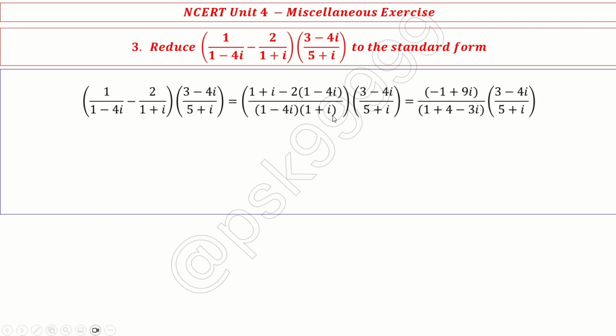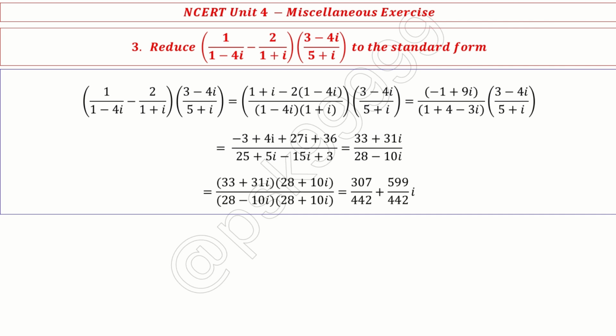If you take the LCM, you simplify the numerator and denominator, and finally bring it into a plus ib form, and then you apply the conjugate. So 28 minus 10i was there in the denominator, so I'm multiplying the numerator and denominator with 28 plus 10i. Then this is the answer you'll get.